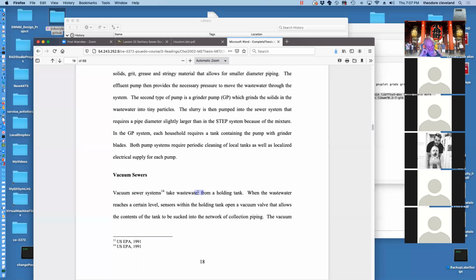They're just maybe a half to 2/3 of an atmosphere below ambient, basically sucking the material into a network of collection piping. Vacuum sewer systems can be more elaborate in that they can use blowers and move a lot of air, so you can have an air slurry mixture, and they can be pretty effective.